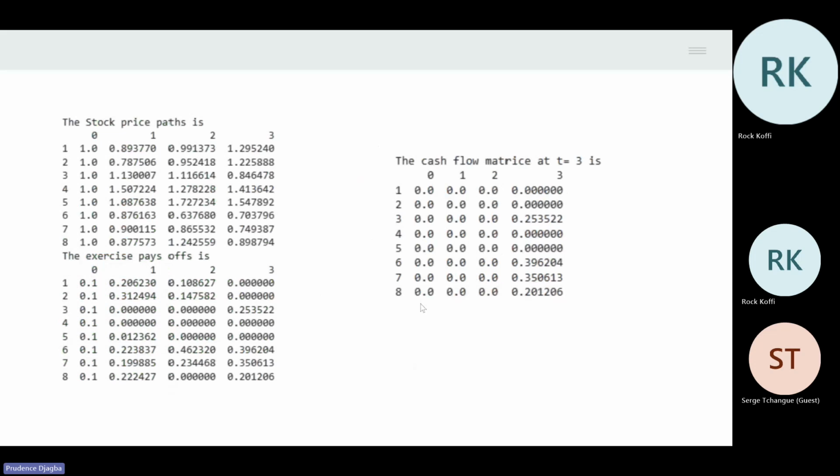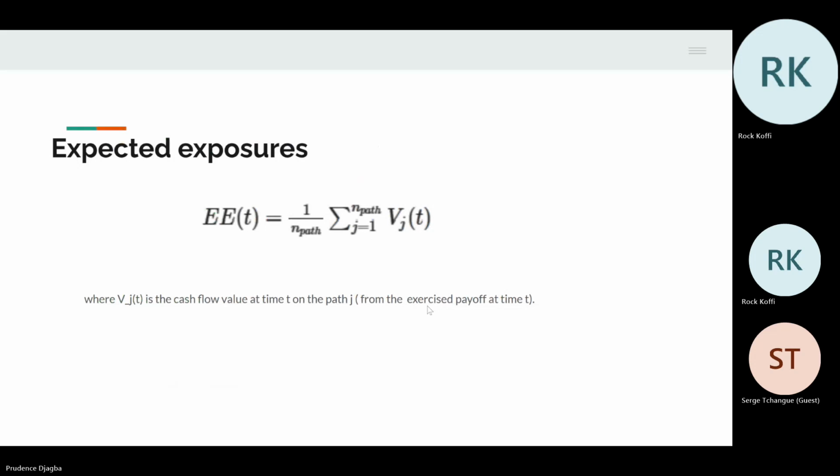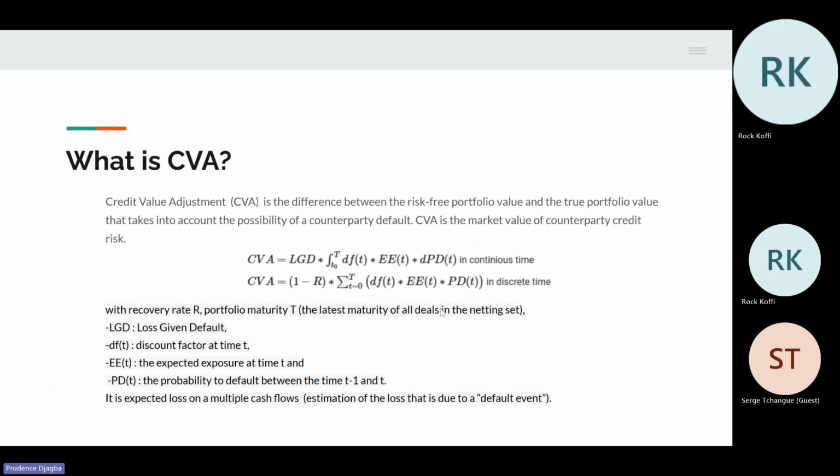So to sum up the talk, what we see is how to evaluate the CVA using Monte Carlo simulation. The main point is to look at the expected exposure, and the expected exposure is estimated from the algorithm that we use for pricing using the Monte Carlo simulation across all different paths at different times.